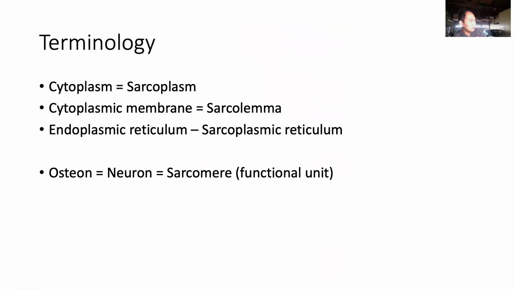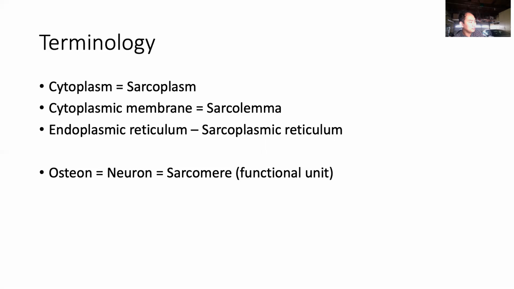So some terminology. A cell has a cell membrane, which is called the cytoplasmic membrane. And inside the cytoplasmic membrane, the space is called cytoplasm. So the equivalent of cytoplasm in muscle cells is called sarcoplasm.